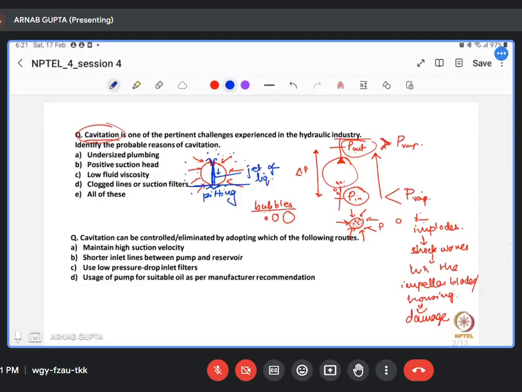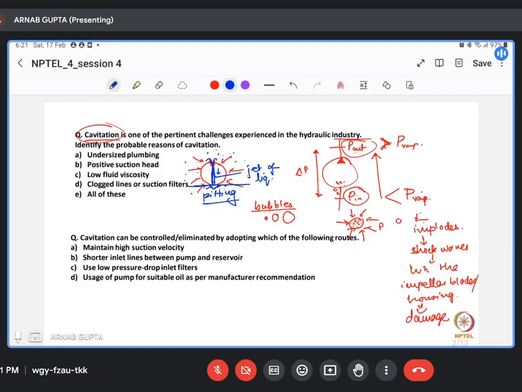So due to these two occurrences, the life of the impeller or the pump goes down. So this is the phenomenon of cavitation. I hope you understood. You can ask me if you have any doubt.